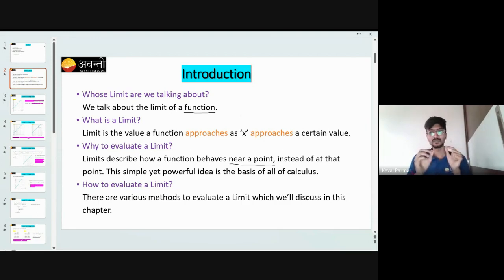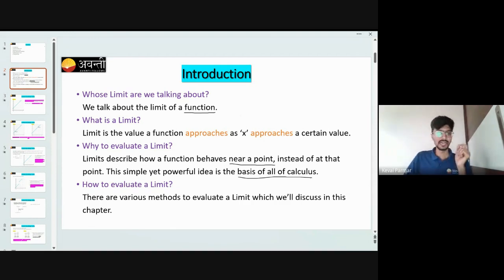Suppose the point is x equal to 2. Limits help us evaluate how the function behaves on the left side of 2, that is less than 2, and on the right side of 2, which is greater than 2. That is the purpose of studying limits. This is a simple yet powerful way and is the basis of all calculus. After limits, everything will involve limits. That's why it's the basis of calculus.